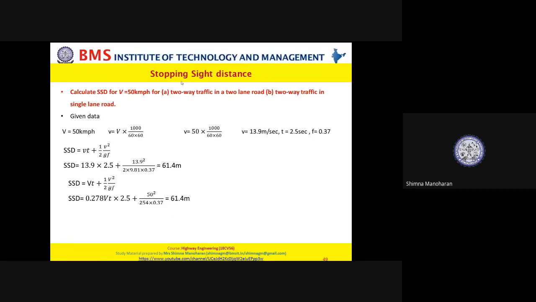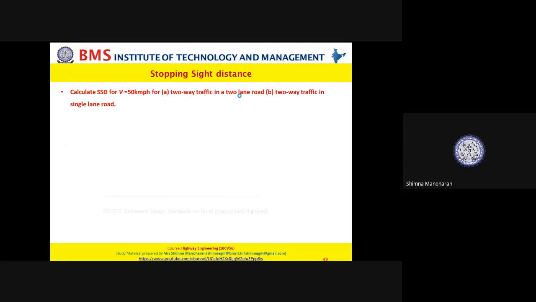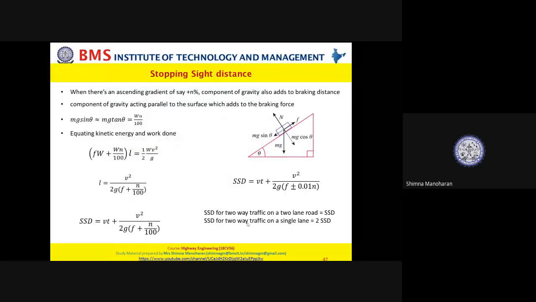Okay. Now we have two cases here. Two-way traffic in a two-lane road. For two-way traffic in a two-lane road, what will be the SSD value?